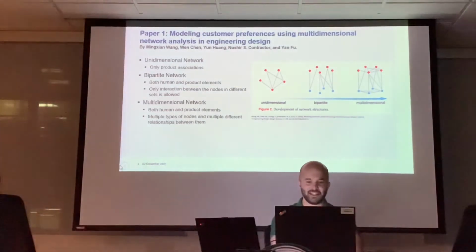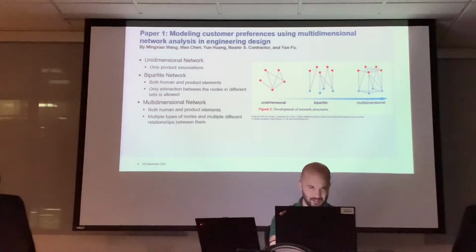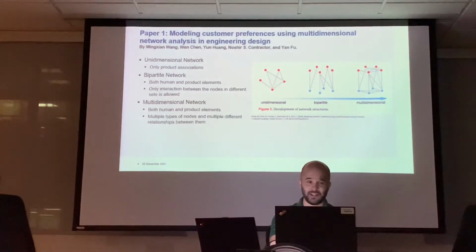So you can see here, they have listed 3 different types of networks that are typically used. In unidimensional networks, there are only product associations. You don't have any human or social economic interactions between the nodes.